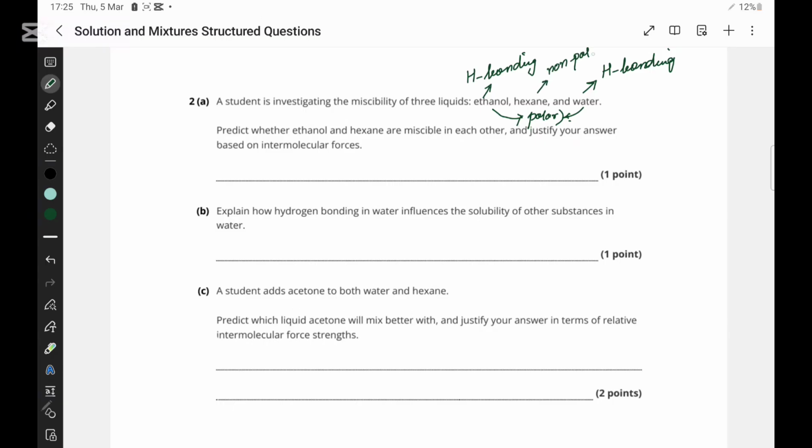Hexane is C6H14. It contains carbon and hydrogen, which makes it non-polar. So they are saying predict whether ethanol and hexane are miscible in each other and justify your answer based on intermolecular forces. So they both are not miscible.